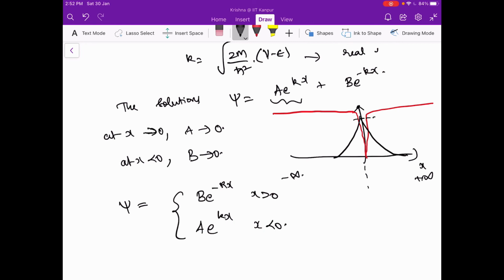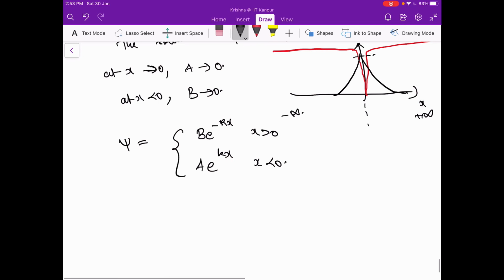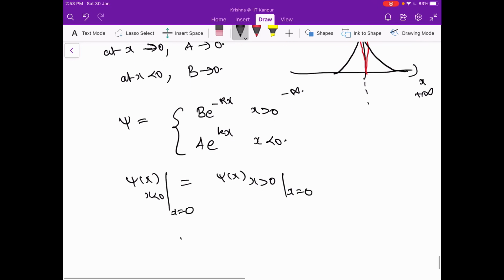So now we have to find A, B and k, and as we have done previously, there are two boundary conditions, right? We know that psi of x at x less than 0 should be equal to psi of x at x greater than 0 in these two regions at x equals 0, which will ensure that A should be equal to B, right?